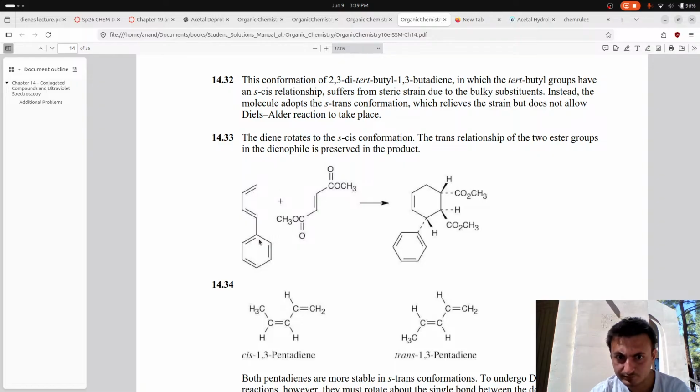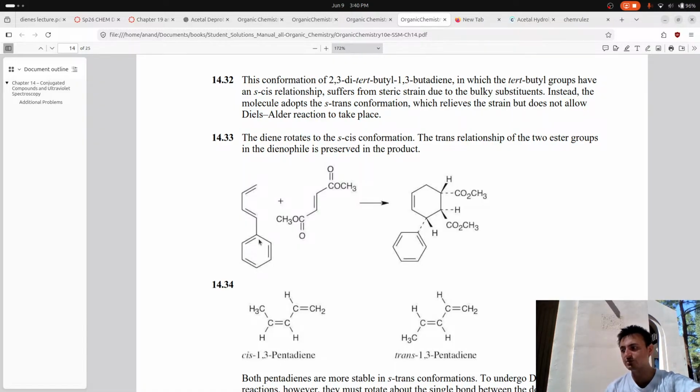But look over here. This is trans. Yeah, but it's not really, because it's a sigma bond, so it can swivel. Yeah, no, that does work. The only thing that constrains the s-cis is rings, because otherwise you can spin them. So that's how you can get this shape.